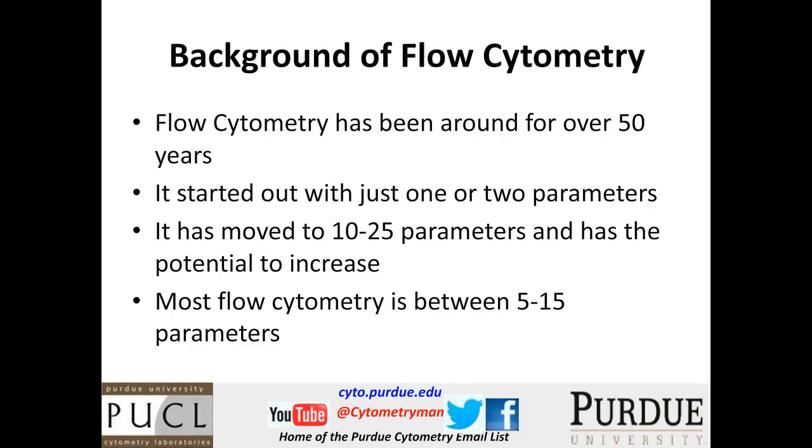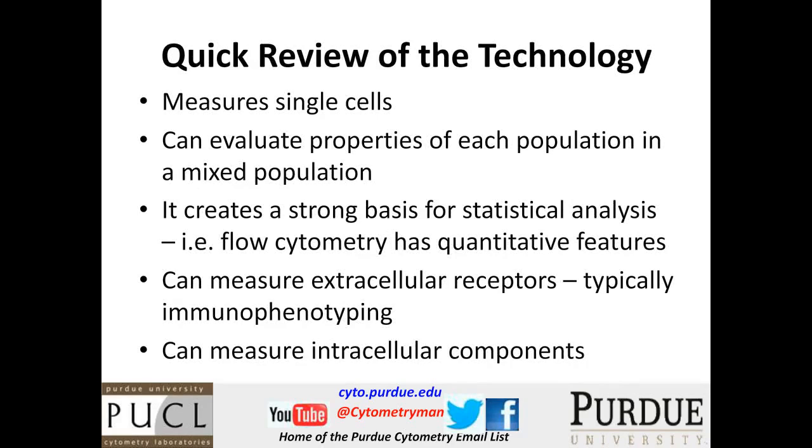So flow cytometry has been around for a long time, over 50 years, and it started out with just one or two parameters, and that's important for today's discussion because it's now moved to a large number of parameters, from 10 to 25 parameters might be a possibility, and I think will increase over the years. Now, most flow cytometry is going to be around the 5 to 15 parameters, and that's the general area that I'm going to talk about today.